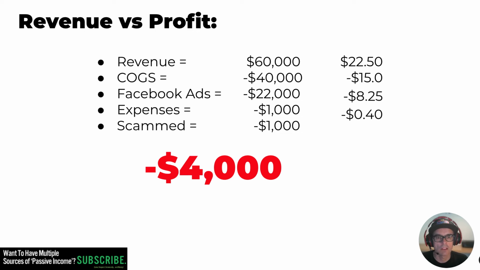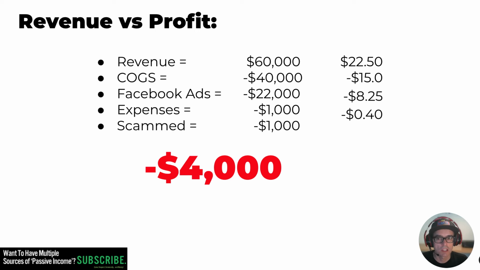And so on average, I was getting a purchase every $8.25. So this means that I spent another $22,000. And then you have to account for the expenses of running the store, like the Shopify or the different apps or the telephone number or the virtual assistants and all this stuff. That's another $1,000 for me.